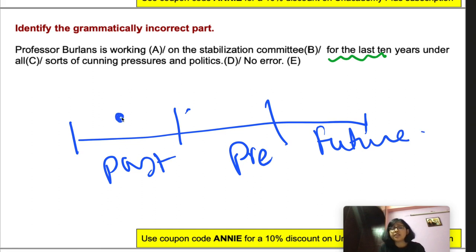So he started working in the past and he is still working in the present. So something that starts in the past and still continues in the present, and the duration is also mentioned. What should you use?